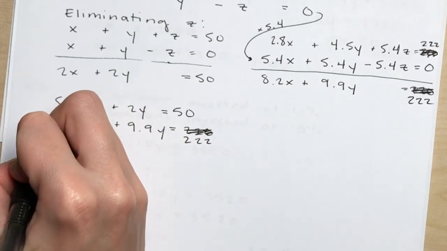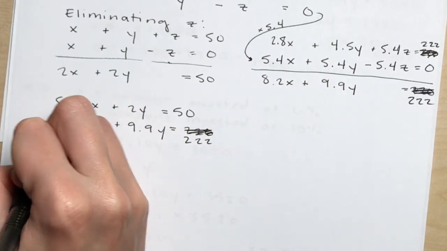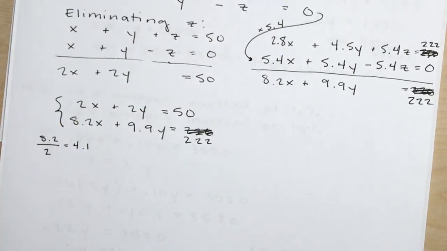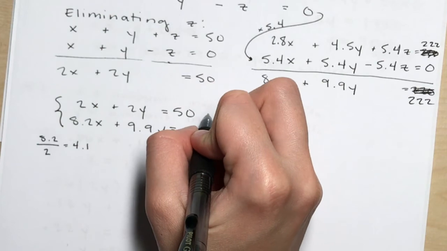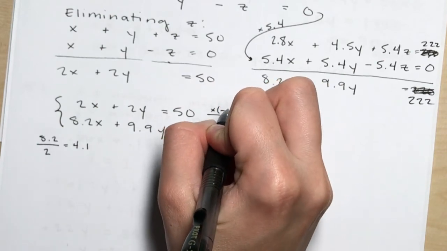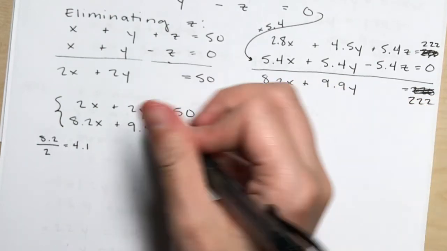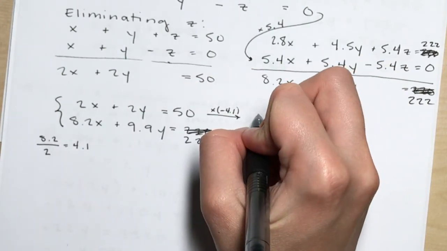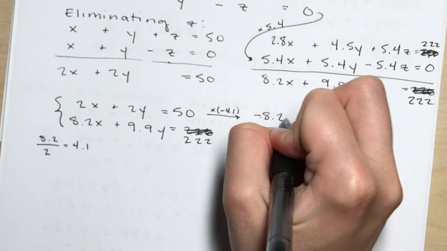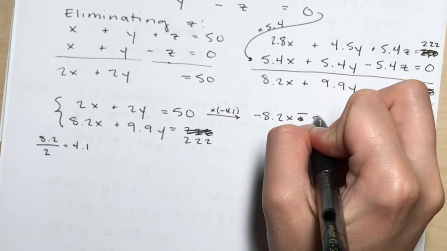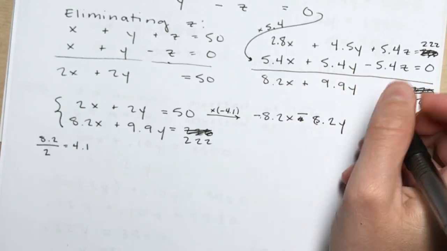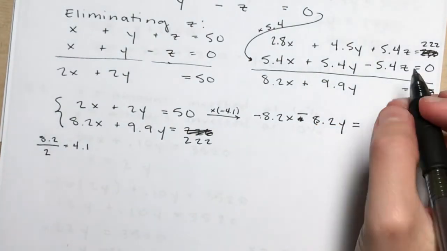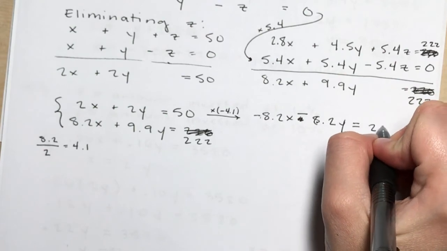Well, 8.2 divided by 2 is 4.1. So if we multiplied this by negative 4.1, we'd have negative 8.2x, and they would cancel. So negative 8.2x minus 8.2y is negative 4.1 times 50, which gives me 205.